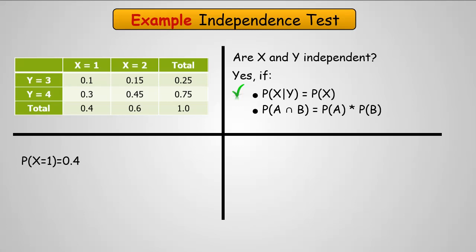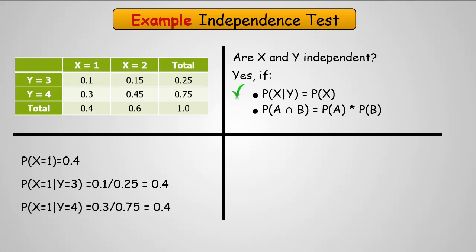Now, the probability that x equals 1 given that y is equal to 3 is 0.1 divided by 0.25, which is equal to 0.4. And the probability that x equals 1 if y equals 4 is 0.3 divided by 0.75, which is also equal to 0.4. So it clearly works where x equals 1. Let's try it with x equals 2.